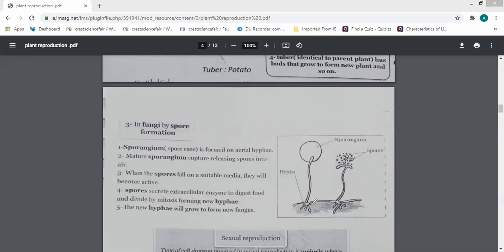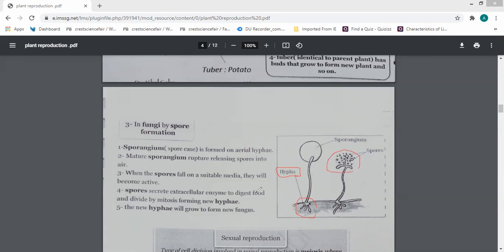Like the plant, like mushroom, its structure, this branch is called hypha, or hyphae, the plural. This plant, or fungi, have sacs that include spores.